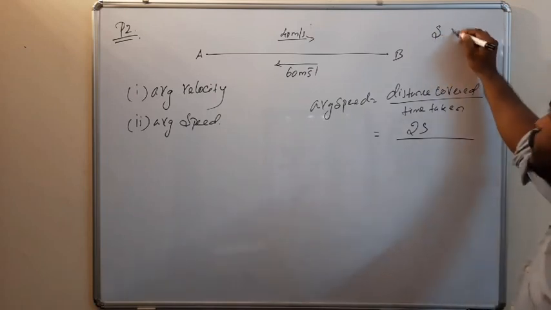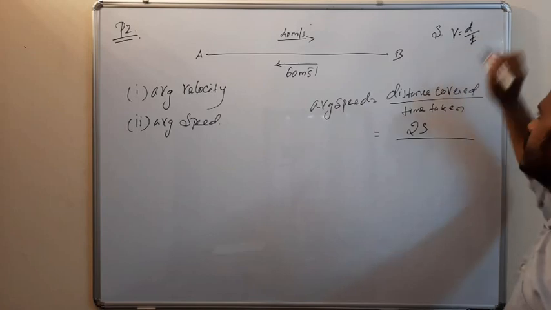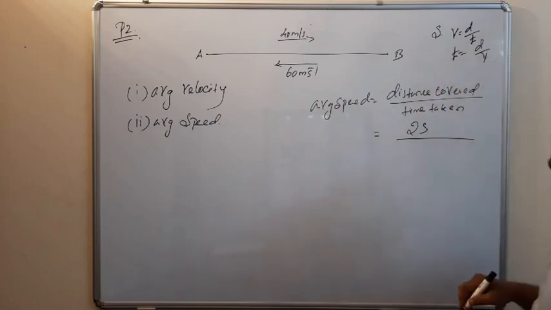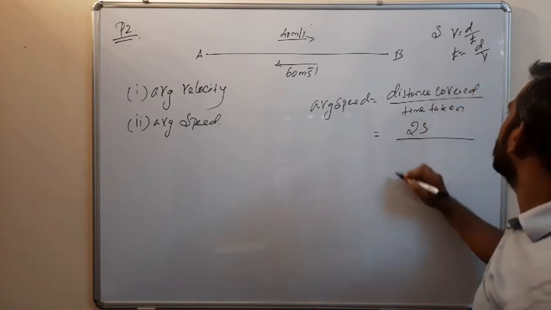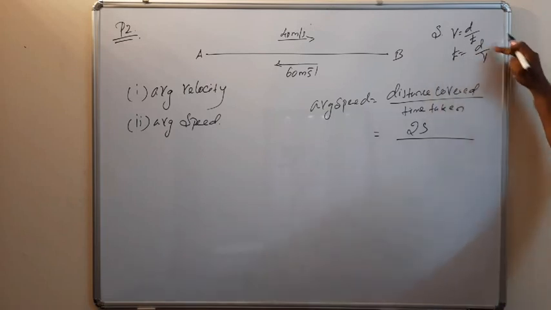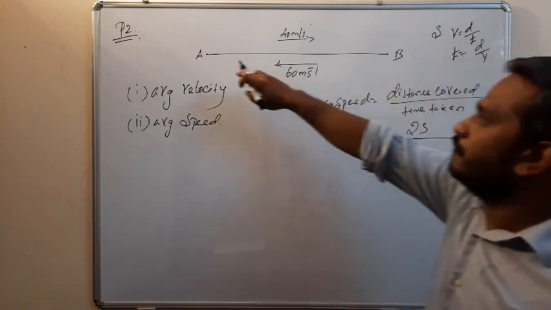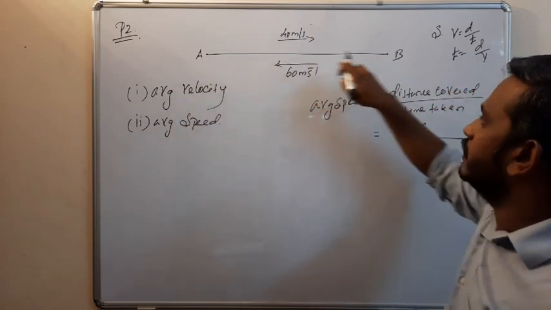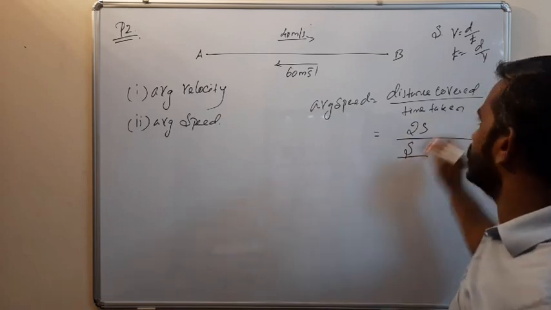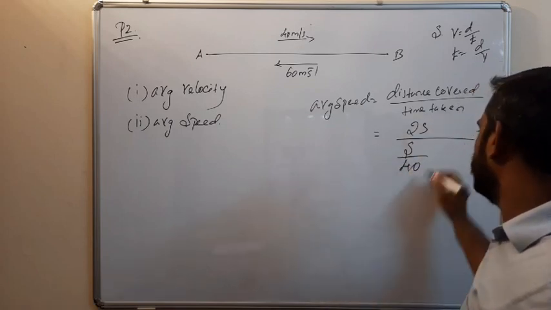Velocity is equal to displacement by time, so time is equal to displacement by velocity. So 2S divided by the time, which we can write in terms of displacement and velocity. For the forward journey, the distance is S and the velocity is 40.